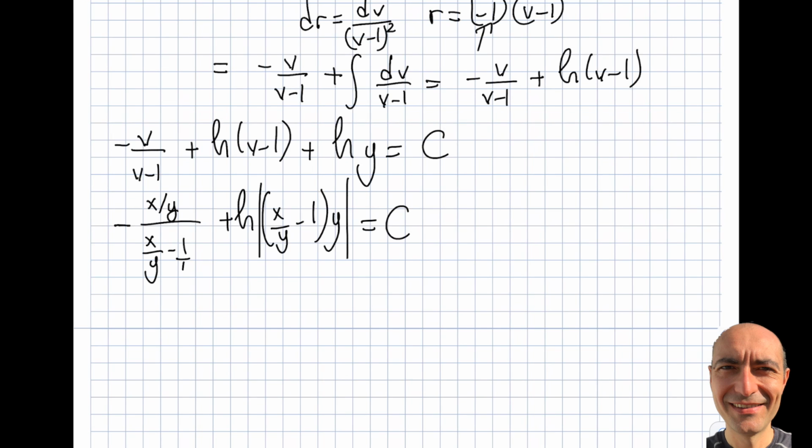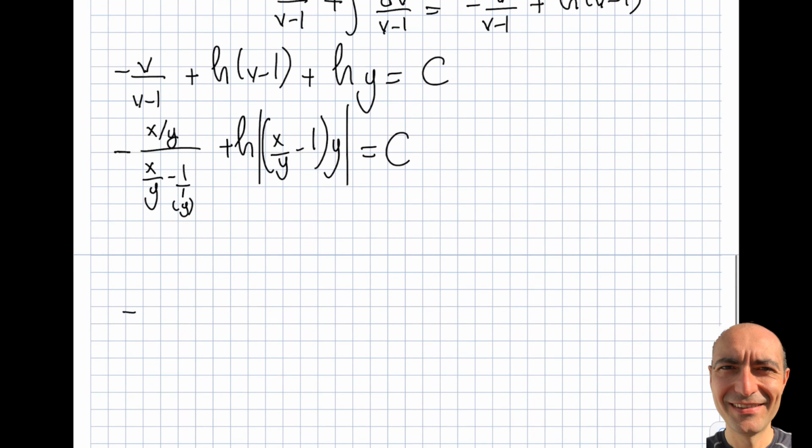Let's look at this first term. If I multiply by 1, let's go to the next page, I get minus x, the y's cancel, divided by x minus y. See whether it makes sense to you. From here it's going to be ln of, if I multiply that, x over y, the y's cancel, so I get x minus y, is equal to c. Then I can do the same thing I did up there.